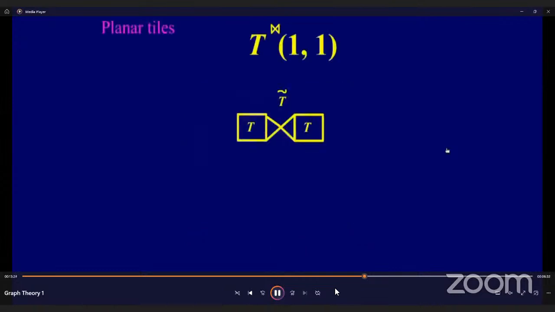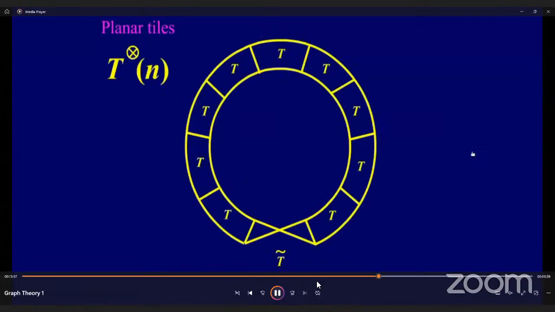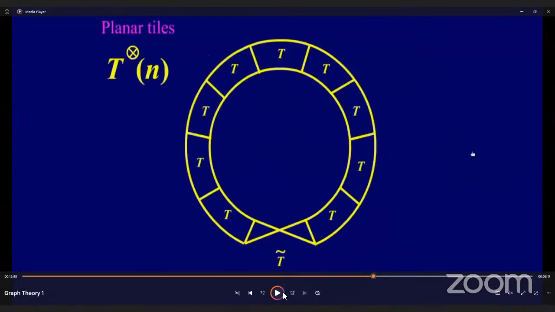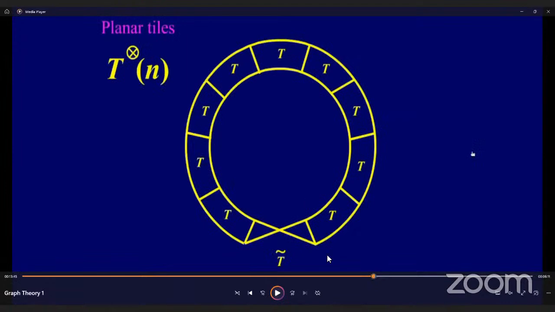So you can just glue them together and it becomes like this. This is called the linear arrangement. This is the circular arrangement.